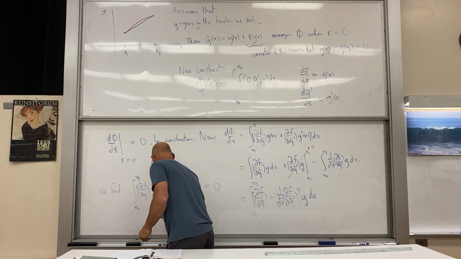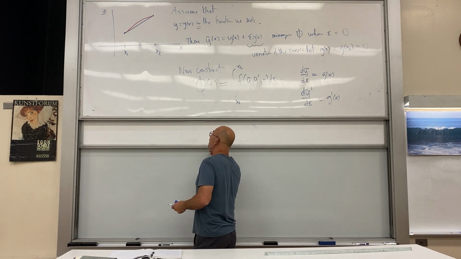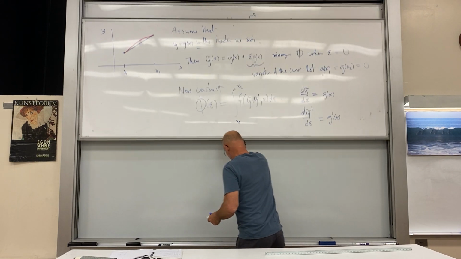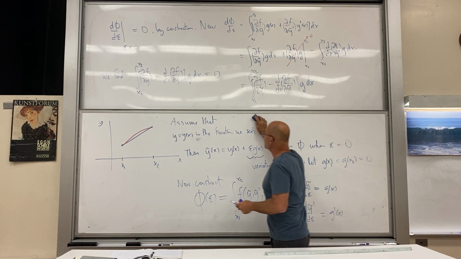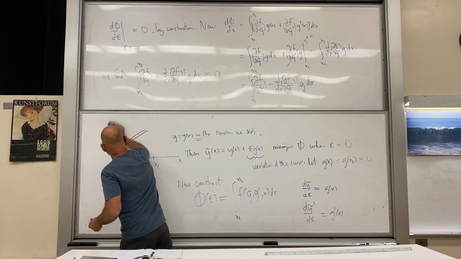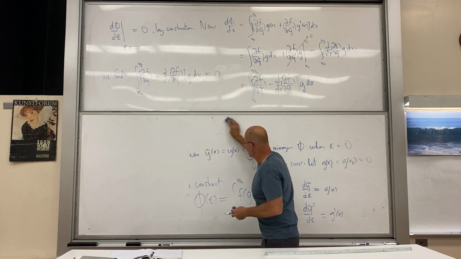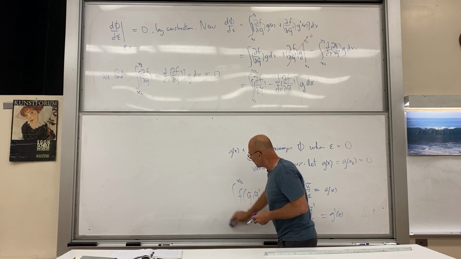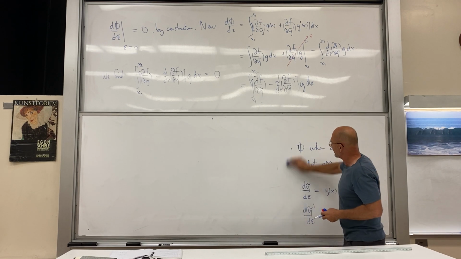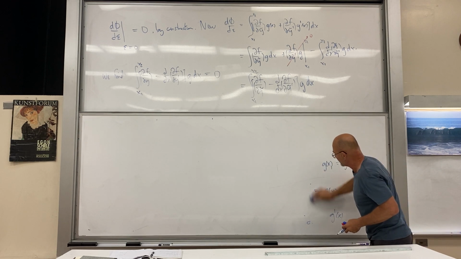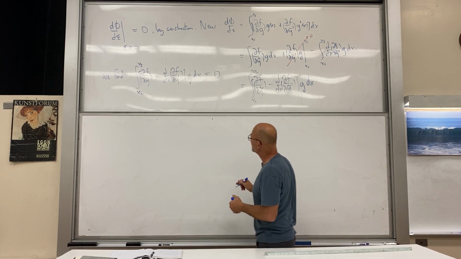So I'll send this up here. Going to do that. That's the equation we're looking for. I'll sketch the proof of the fundamental lemma of the variational calculus, because that's a really standard type of technique.